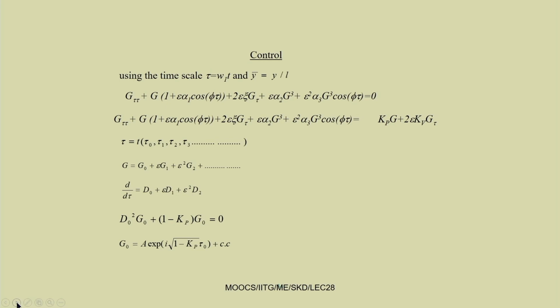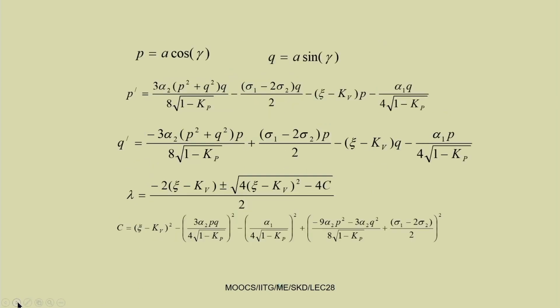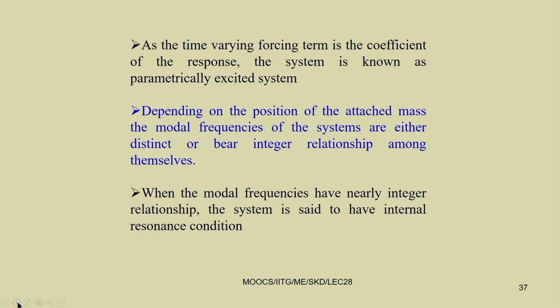For example, with a proportional controller, instead of putting 0 on the right hand side of this equation, let us put Kp g plus 2 epsilon Kv g, and now we can play with these parameters to find the response of the system and get the values of Kp and Kv for which the system will be stable.